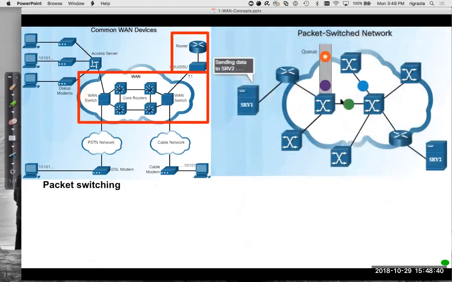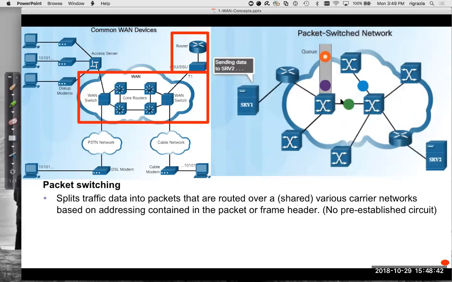Okay, packet switching. So instead of giving you an entire circuit where you can just transmit as much data, any size you want, what packet switching does is it divides the message into packets, which are then routed over a shared carrier network.